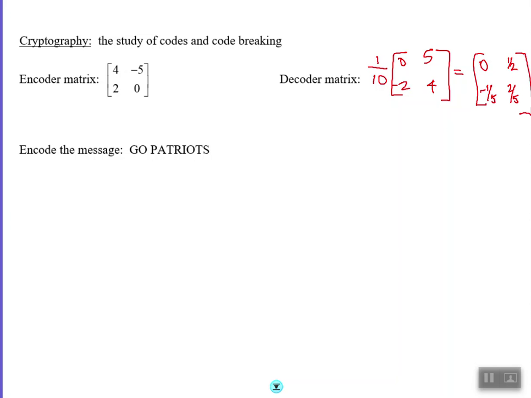So if I had the encoder matrix and I was going to encode a message, send it to you, you would have to have the decoder matrix to be able to decode the secret message.